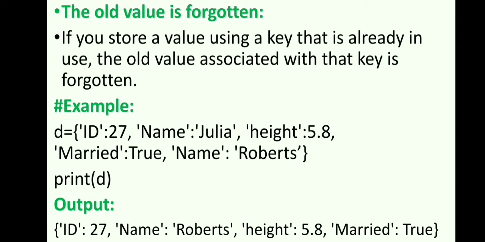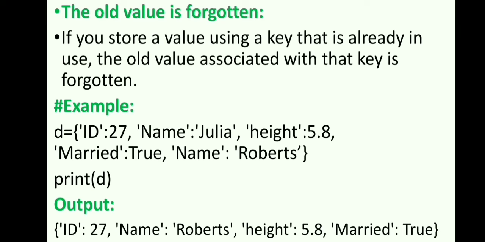The old value is forgotten. If you store a value using a key that is already in use, the old value associated with that key is forgotten. Example. In this example, the key name has been assigned a value twice. The first time we assign Julia and the next time we assign Roberts to the same key name.